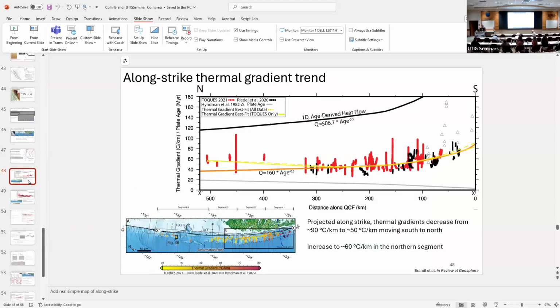Yeah, so the difference in coefficient we think is mostly related to the thickness of sediment on the Pacific plate, right? So this Hasterok curve, this 1D age-derived curve, is basically just for bulk oceanic crust. The Queen Charlotte, as we saw in the Pacific plate, has 2 to 3 kilometers of sediment.